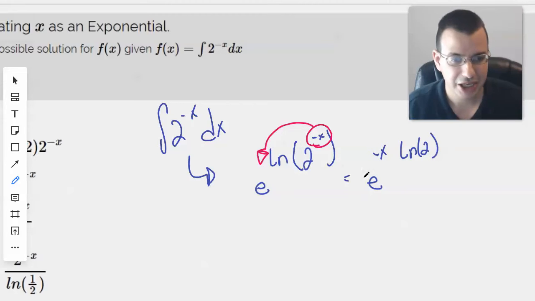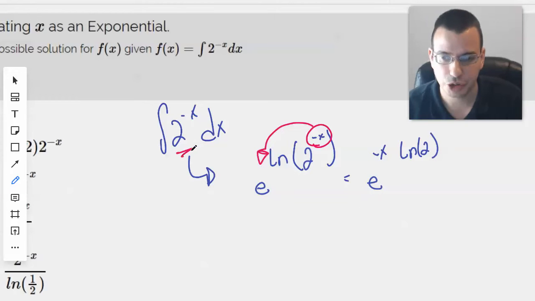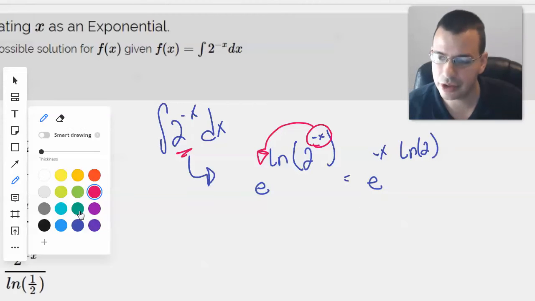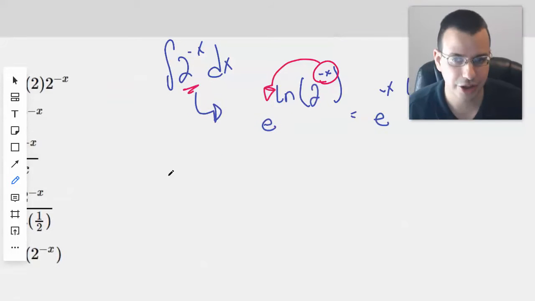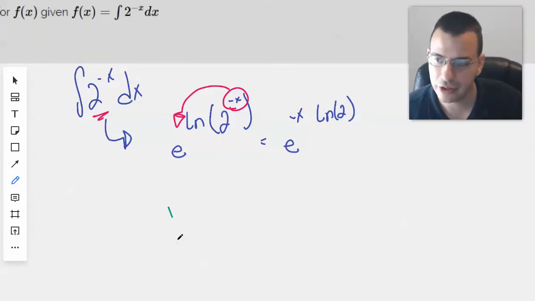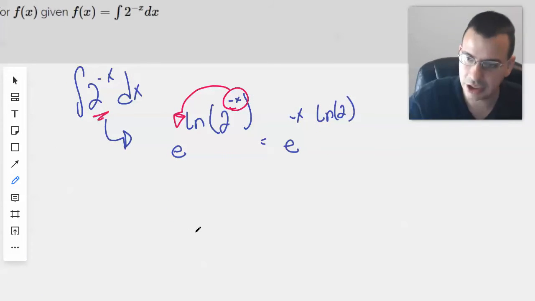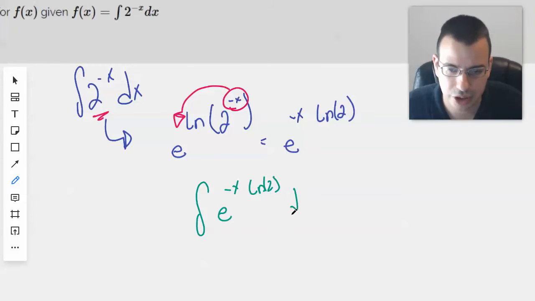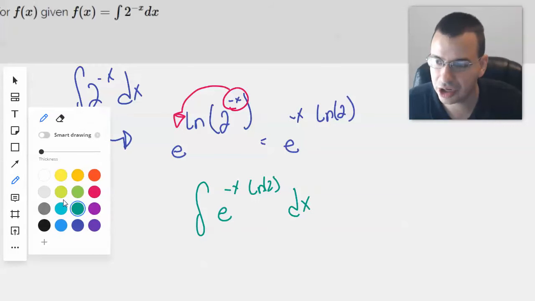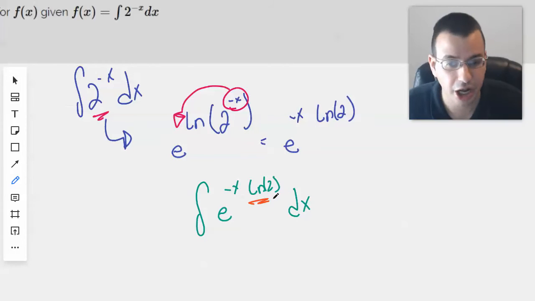And this we can actually take the derivative of. Well, I guess we could take the derivative of this as well, but this is more straightforward for us. This is going to be a substitution. So I'm going to rewrite things real quick. This 2 to the negative x is equal to e to the negative x natural log of 2 dx, where natural log of 2 is just a constant.